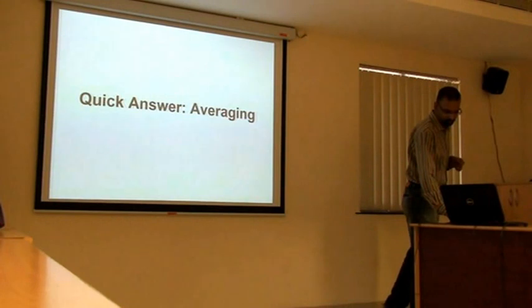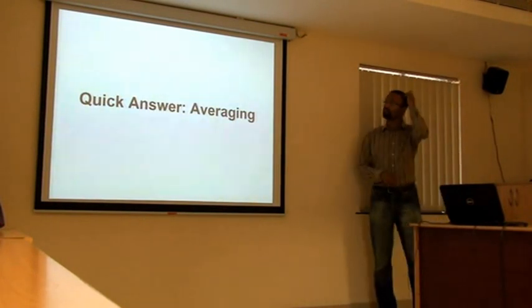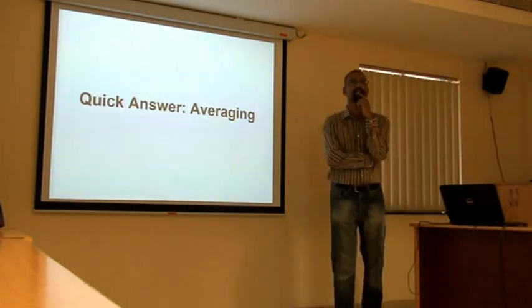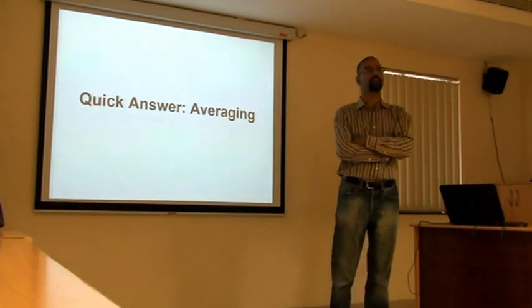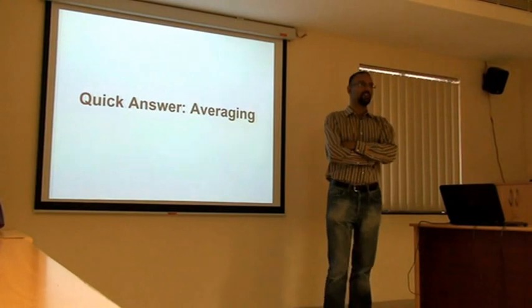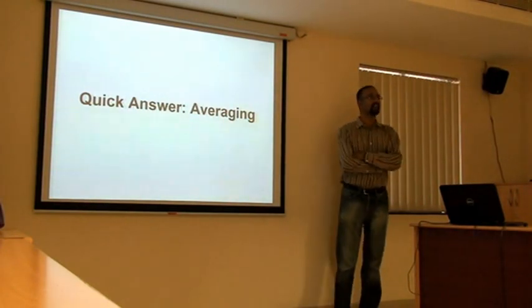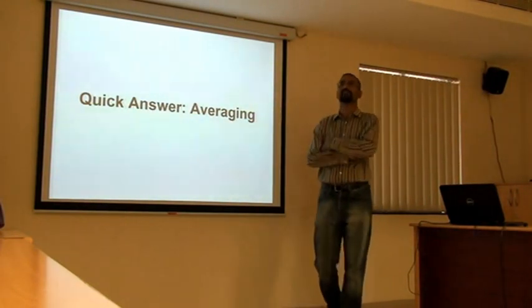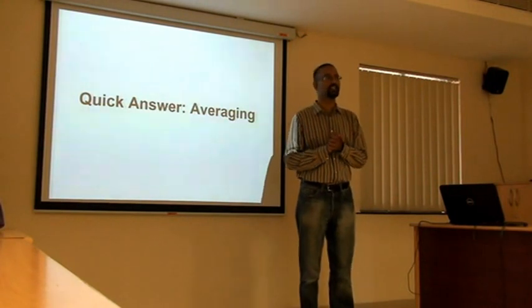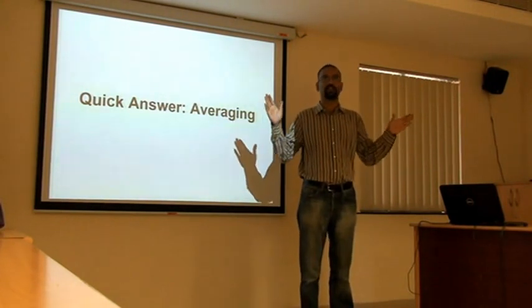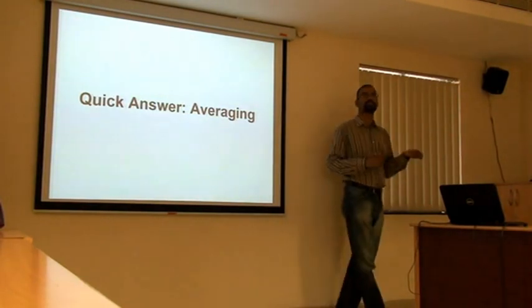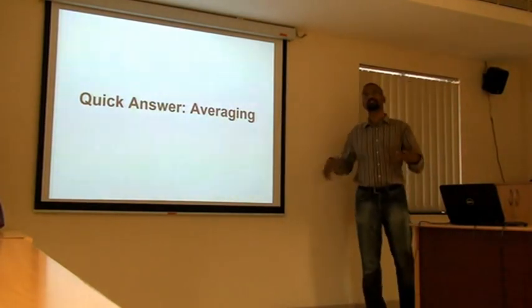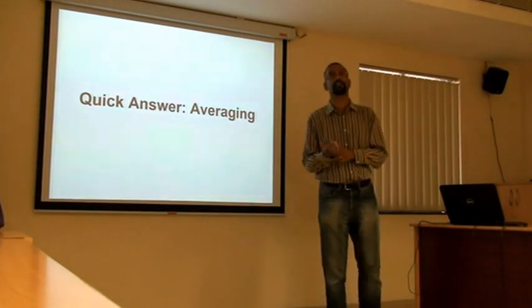Okay. And the quick answer to why that happens is averaging, which we studied last time: if you take any data and you summarize it with various kinds of statistics, the whole idea is to compress lots and lots of numbers into one or two. And the answer seems to be that this is possible.